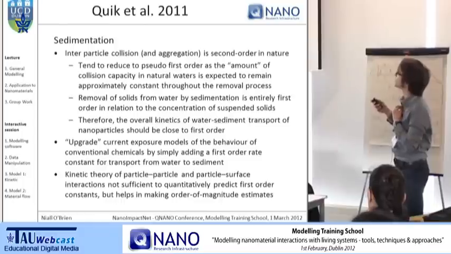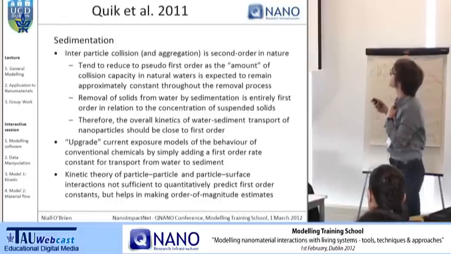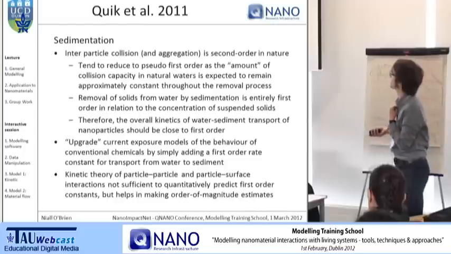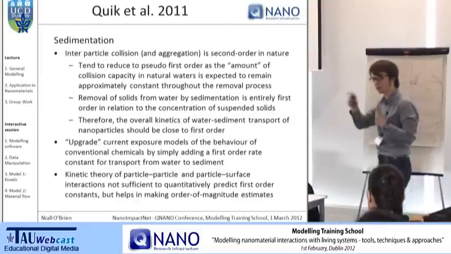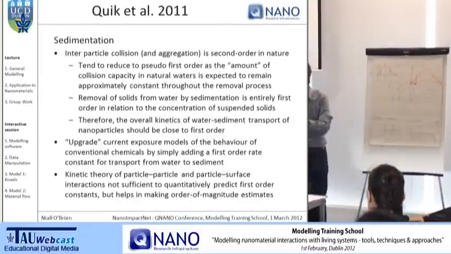But Quick et al. found that this tends to reduce to pseudo first order, as the amount of collision capacity in natural waters is expected to remain approximately constant throughout the removal process. So they suggest we just assume a single first order rate constant throughout.